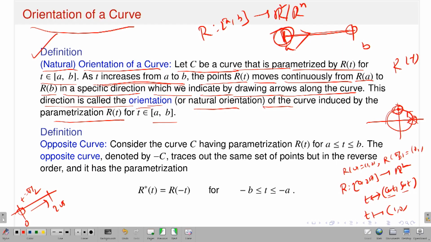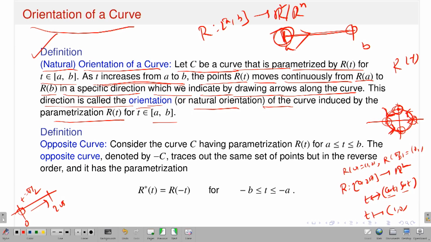Again at pi, it will be this point, r of pi, that is minus 1 comma 0, and at 3 pi by 2 it will cross this point, and again at 2 pi it comes back here. So for t running over 0 to 2 pi, r of t is a particle that moves along the circle, and it moves in this direction along the curve.